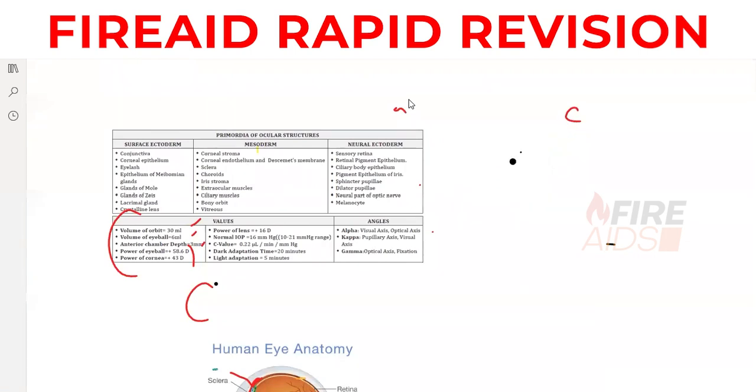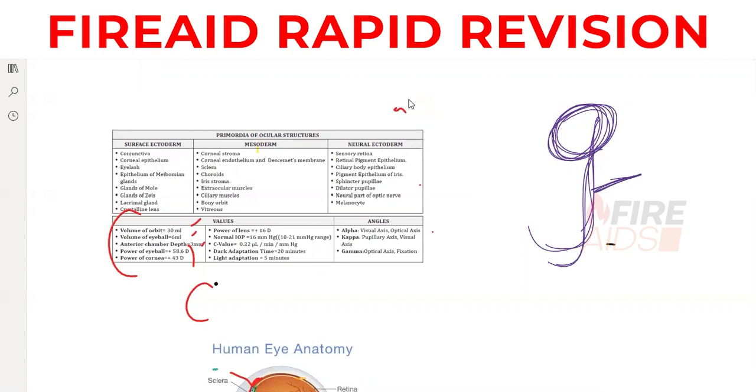Next is gamma. Gamma, I want you to write like this, and you're going to extend it. So this is an F, that is fixation. This is an O, that is optical axis. So optical axis plus fixation equals gamma.